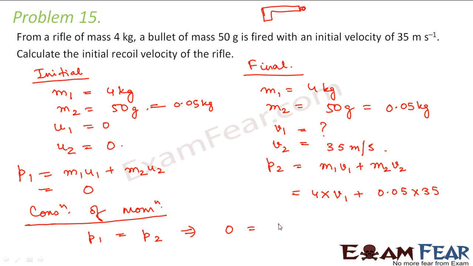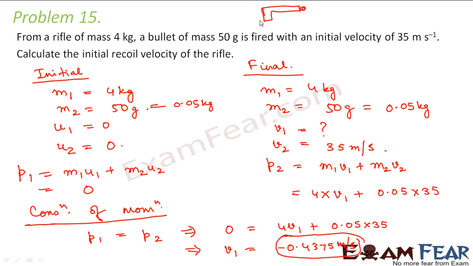Therefore, we can say 0 is equal to 4v1 plus 0.05 into 35. So from this we can say v1 is equal to minus 0.4375 meters per second. So here if you notice, this is the velocity of the rifle and the negative sign shows that the rifle moves in opposite direction. The bullet will move in this direction, whereas the rifle moves in this direction.